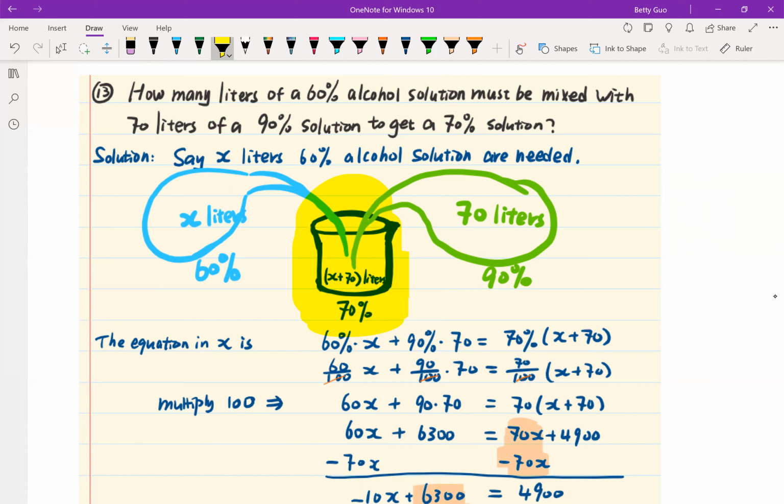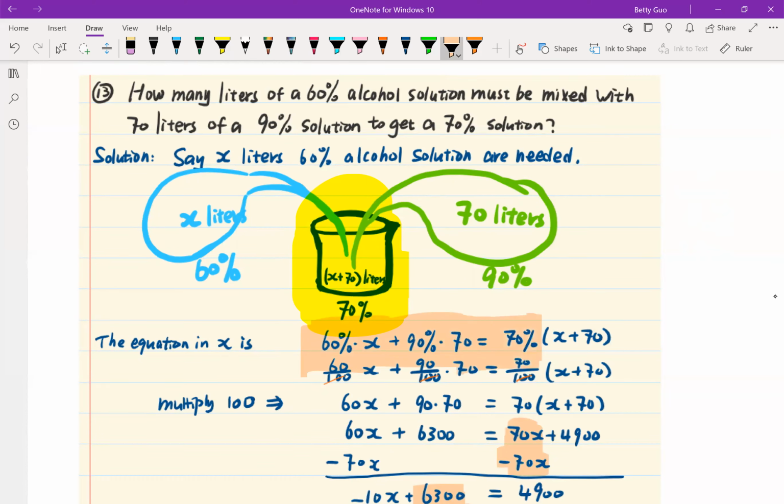So let's see how we set up the equation. Alcohol solution. What's the amount of alcohol in the blue part? That is 60% times x, right? The amount of alcohol in the green part is 90% times 70. That's the same as the amount of alcohol in the jar.